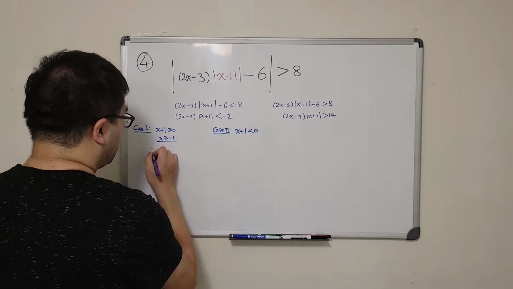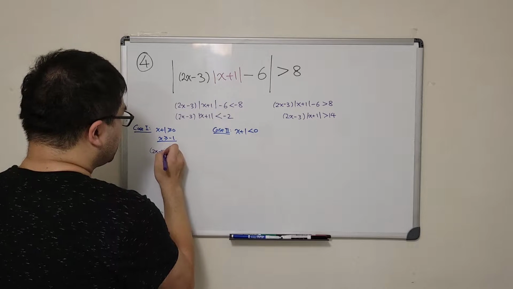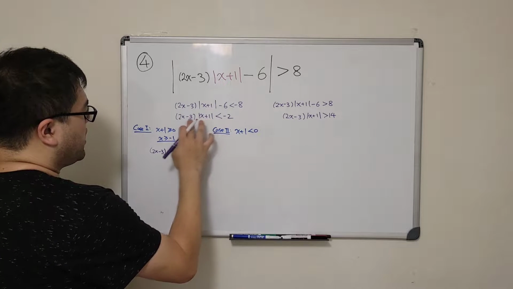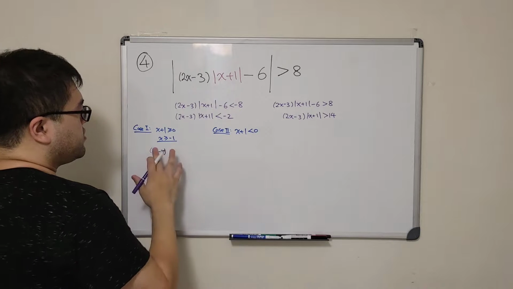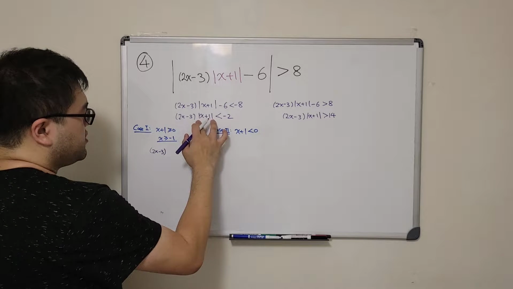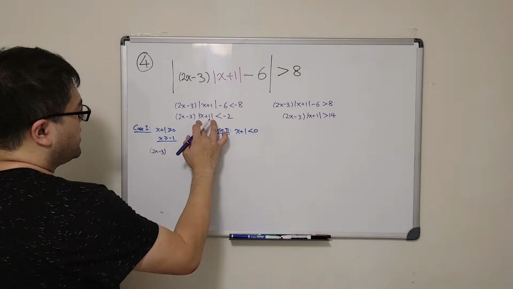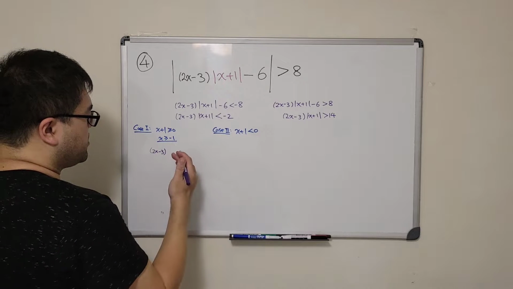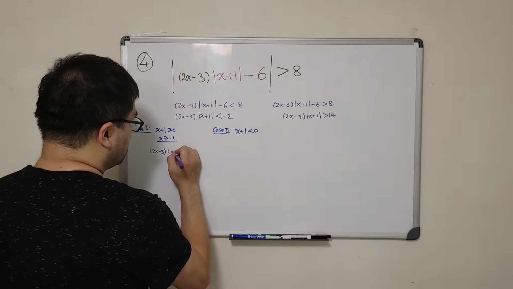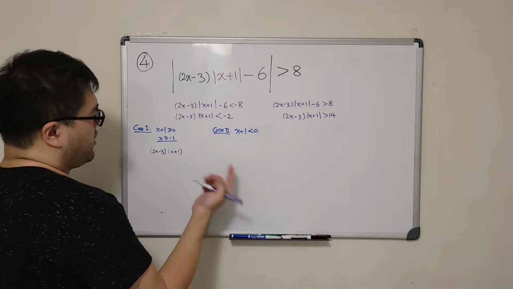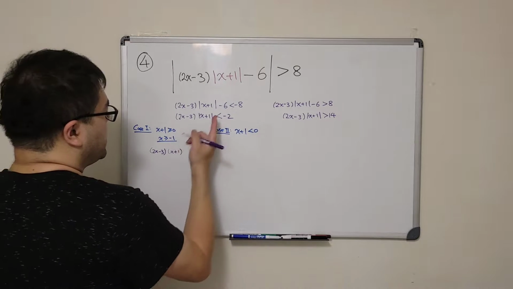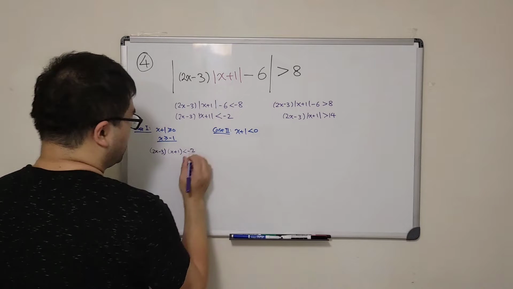Now we get 2x minus 3 times... Now keep in mind, in case 1, we're saying that x plus 1 is greater than or equal to 0. So by definition of modulus, the absolute value sign is not going to affect the expression itself, since it's already non-negative. So we're just multiplying by x plus 1 here, is less than negative 2.